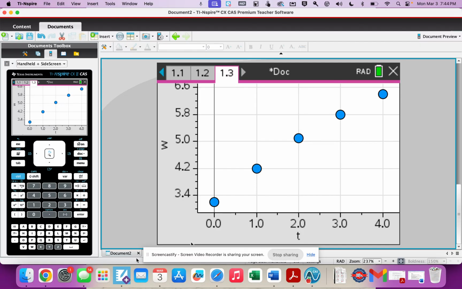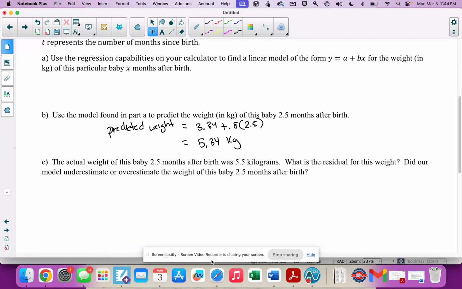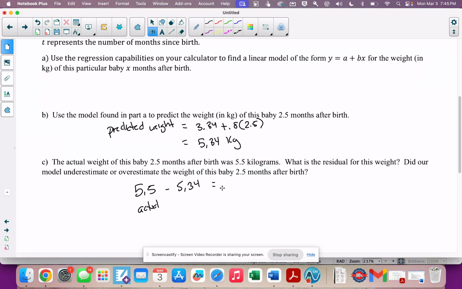Our residual should be positive, right? Because the baby weighs more than what it is predicted to weigh. So literally 5.5 is the actual, right? The actual data point minus 5.34 equals what? 0.16 kilograms more than predicted. Okay?